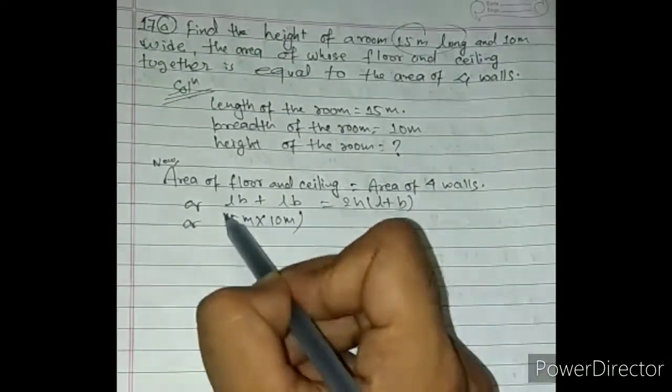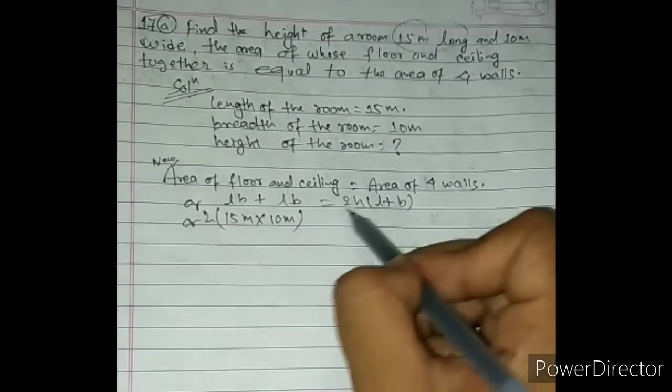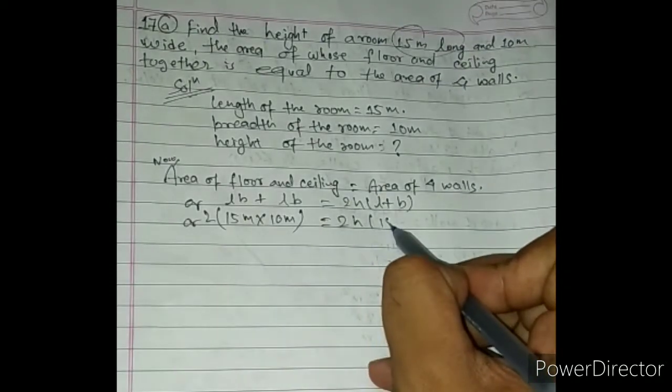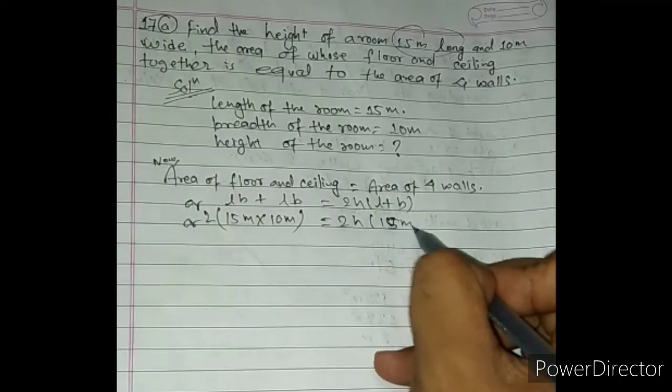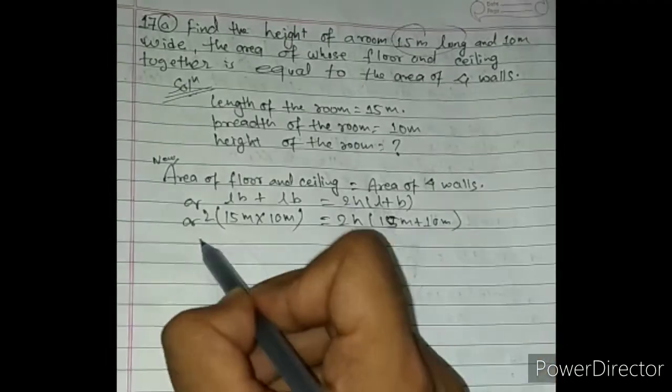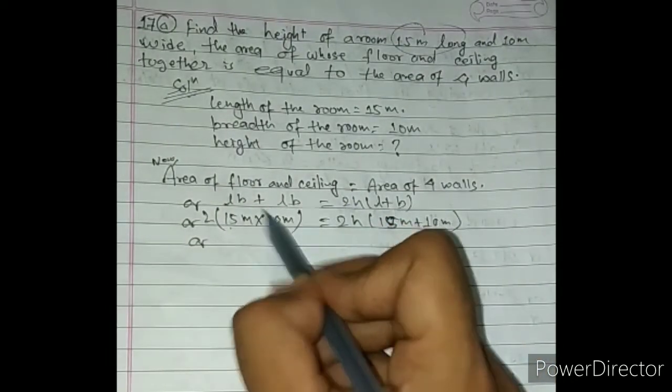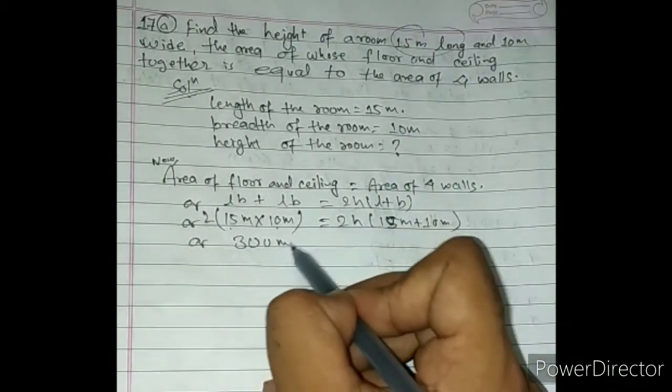Here both are the same, so we can write 2LB equals 2H(15 meter plus 10 meter). 15 tens are 150, 2 times is 300 meter square.